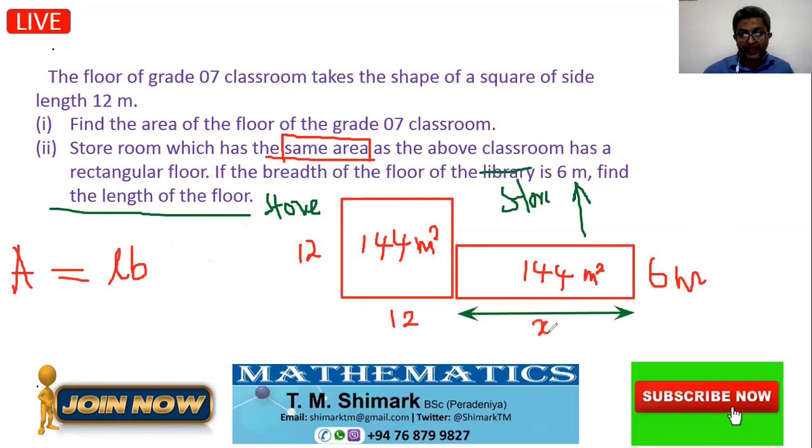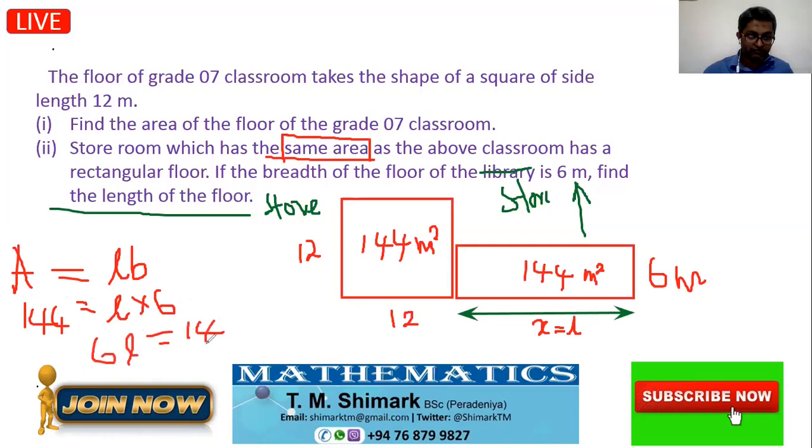We can take x for that, or we can keep it as L. I'll keep it as L here. B we know is 6. Area we know, 144. So it's going to be L into 6. 6L equals 144. That means we have to find L.